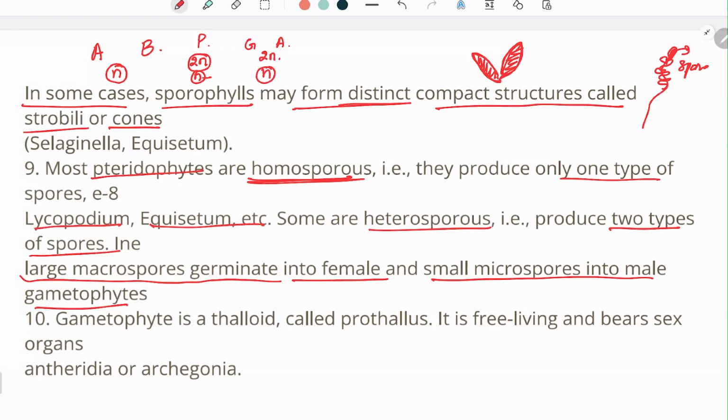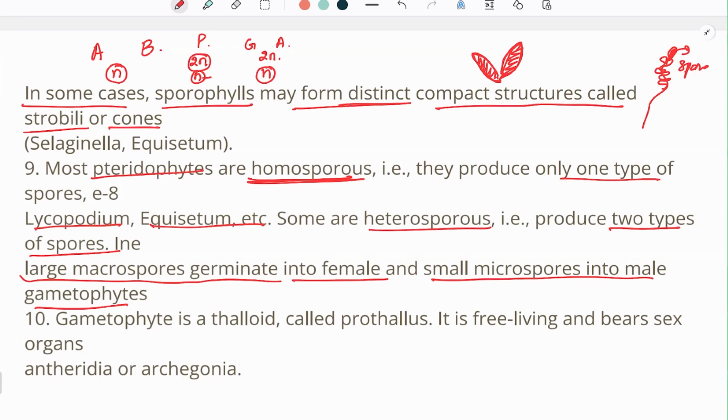We see how the tables have turned. First, the gametophytic plant body was dominant and the sporophytic one was depending upon it. But now the tables have turned so much that the sporophytic plant body is the dominant one and the gametophytic one has started depending upon it.